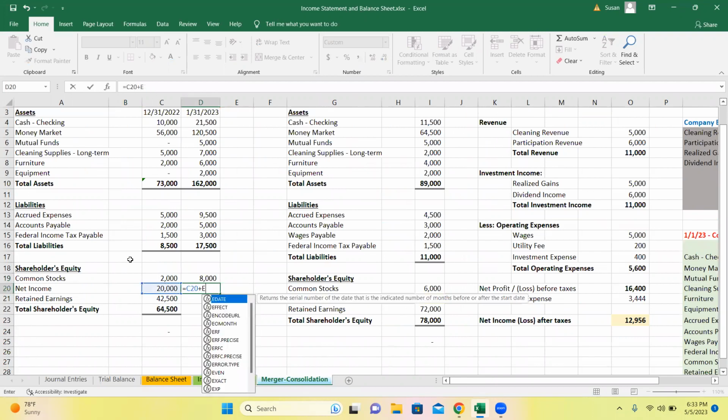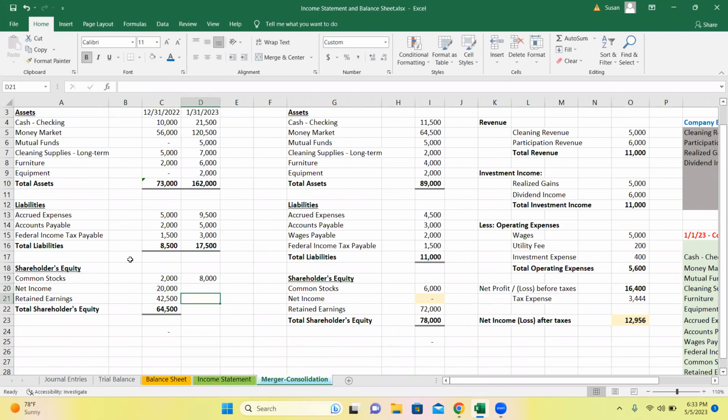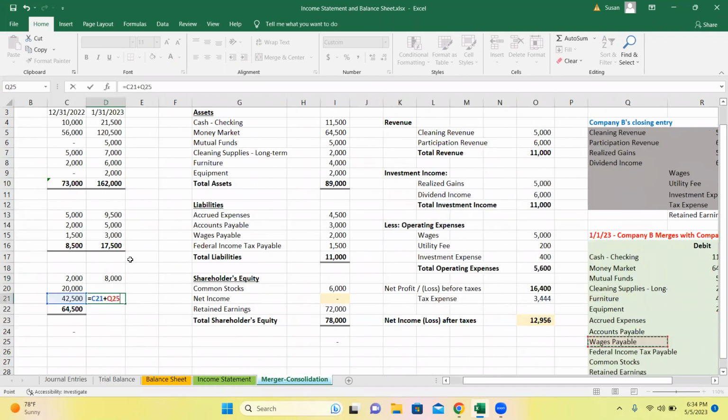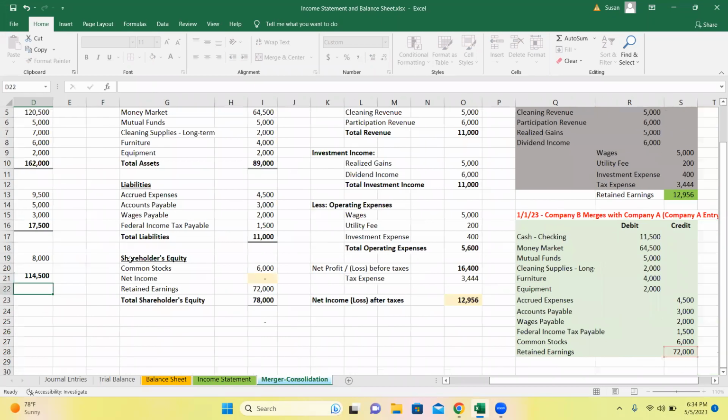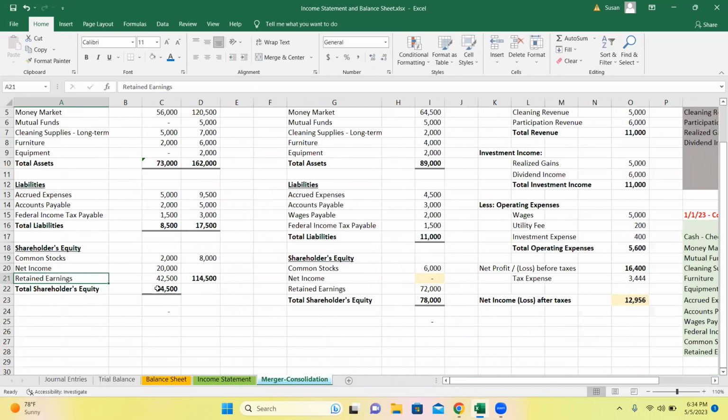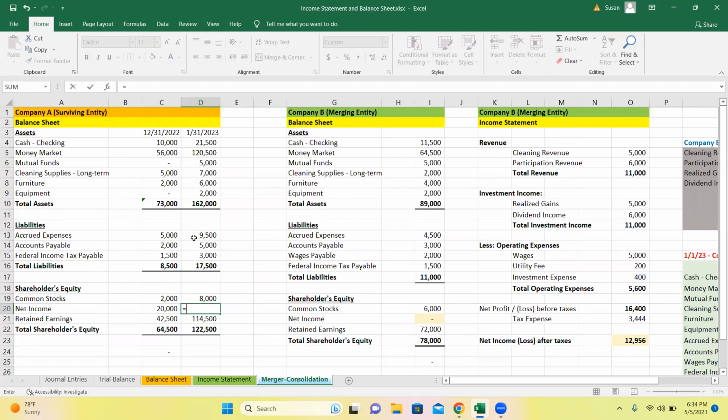Oh, there won't be any net income from company B. Then we also have retained earnings. But we need to know that since now it's the balance of company A, we can take on the net income from company A.